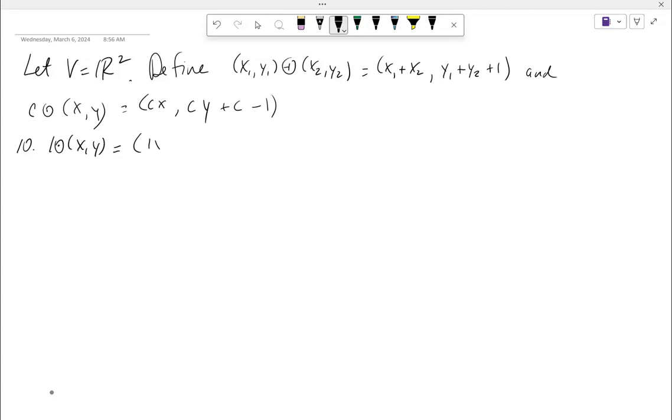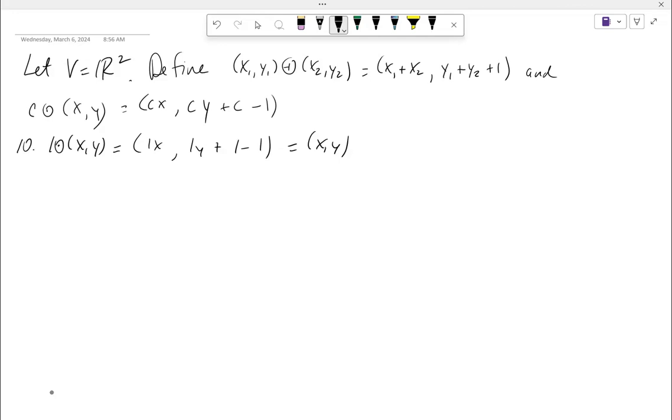So I get 1x right here. This one, if I write it out long ways, what do I get in the second component? Yeah, 1y plus 1 minus 1, right? And we really do get (x, y), which is what we're supposed to get, correct? Better get that, right?